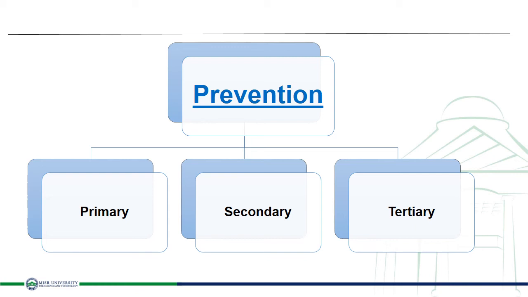So our main focus is how to deal with the disease after it becomes chronic. Now, we will try to put a simple definition for each level of health care or prevention.